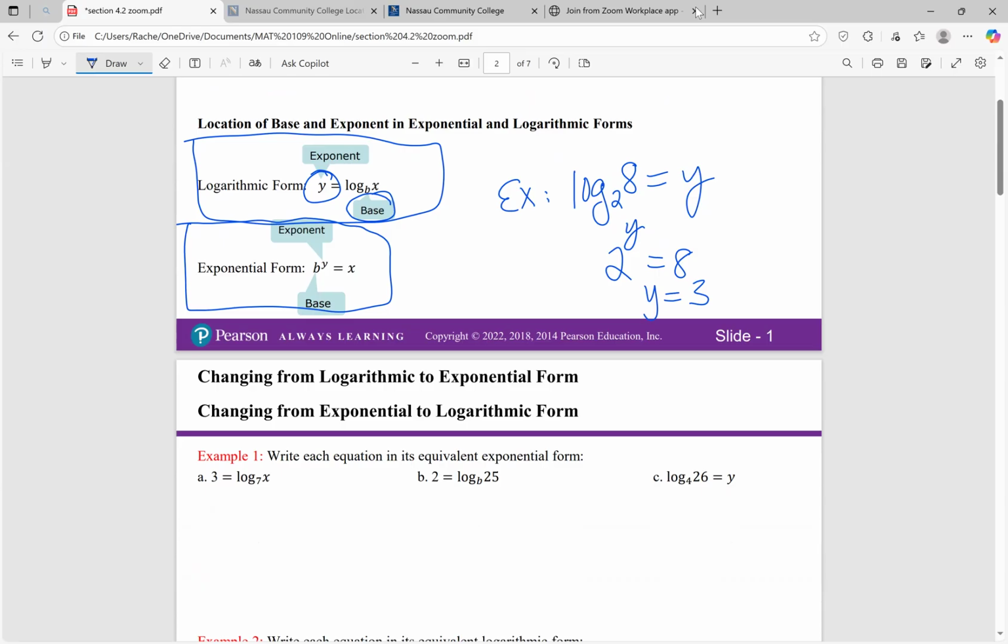If I have log base b of x is equal to y, this is equivalent to writing it as b, base b, to the exponent, which is y, equals x. The form on the left is log form, and the form on the right is exponent form. So we could write a log expression as an exponential expression and vice versa.